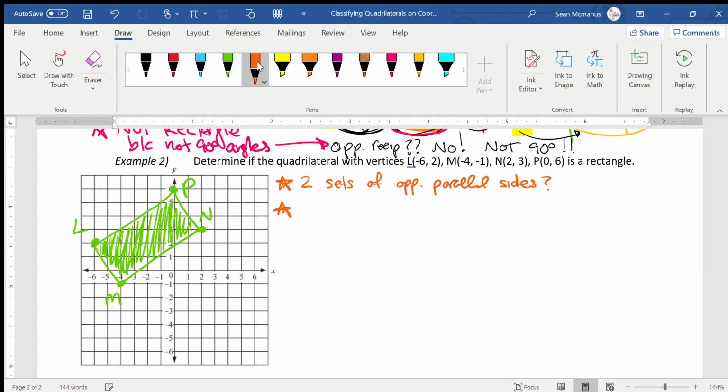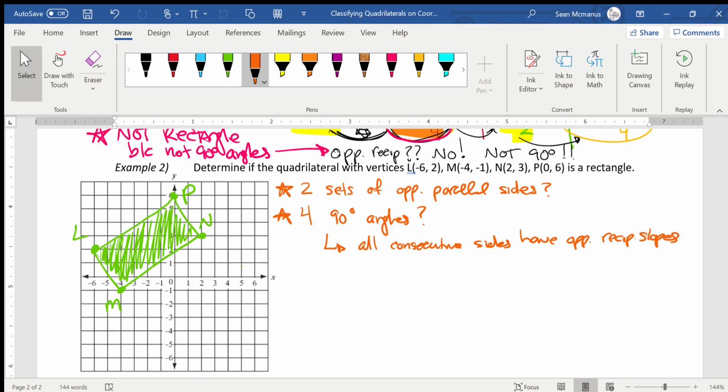And then I have to look and see, does it have 4 90-degree angles? And the way we determine if it has 4 90-degree angles, do all consecutive sides have opposite reciprocal slopes?